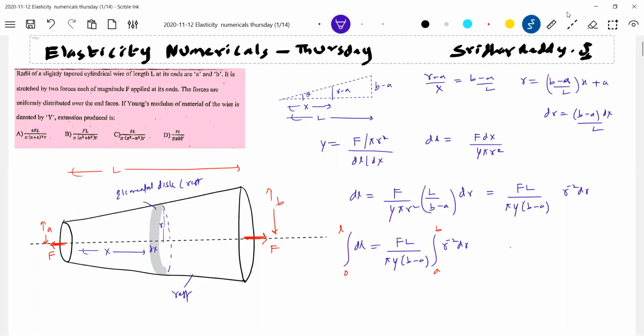So after integration, the total elongation will be F L by pi Y (B minus A) times the integral of r to the power of minus 2 dr, which after substituting the limits and solving will give F L by pi Y A B. So this will be our answer.